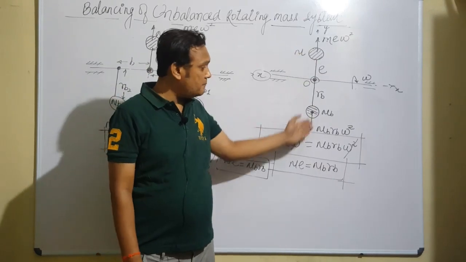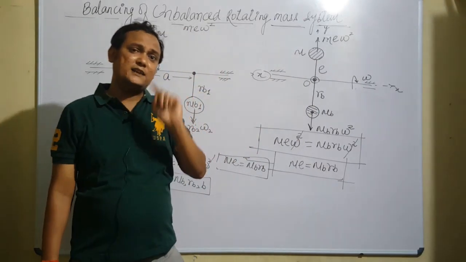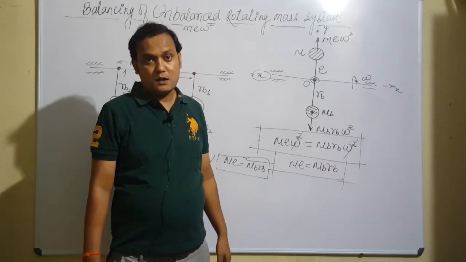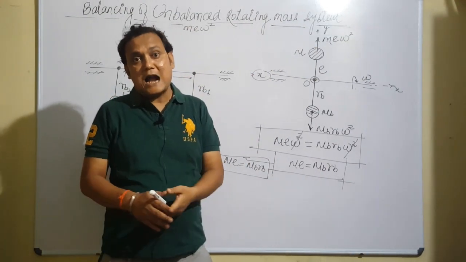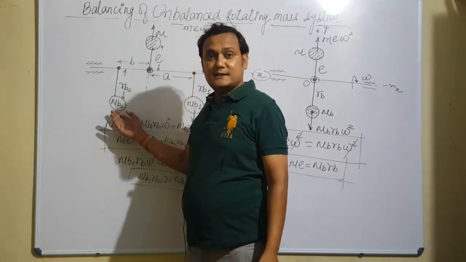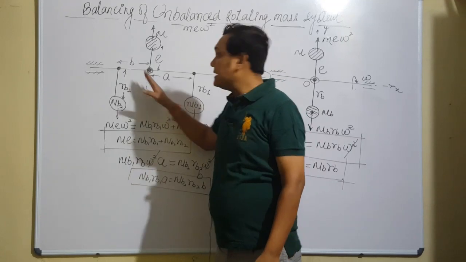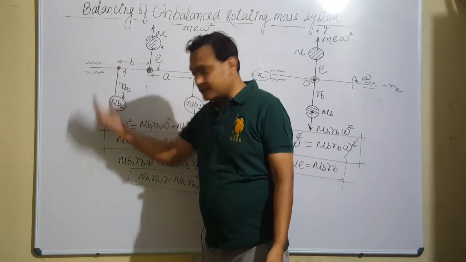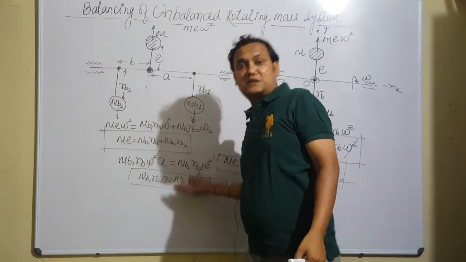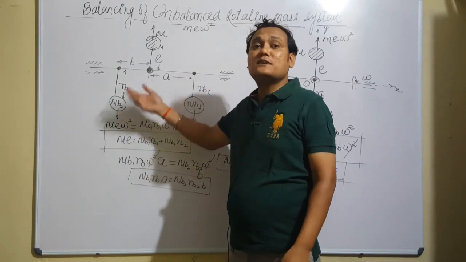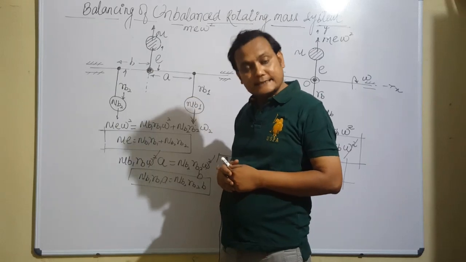In the same plane, by attaching a single balancing mass, you can balance the system. Or attach two balancing masses opposite to the unbalanced mass, but in two different planes, in such a way that these two conditions are satisfied, and then also you can statically as well as dynamically balance the system.